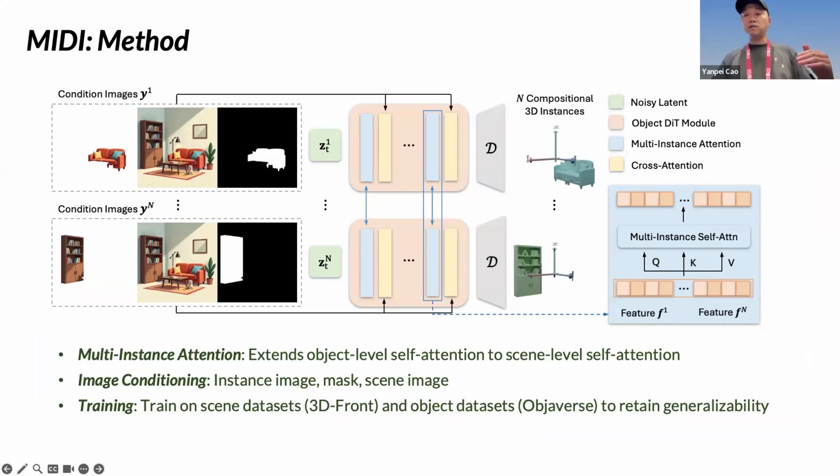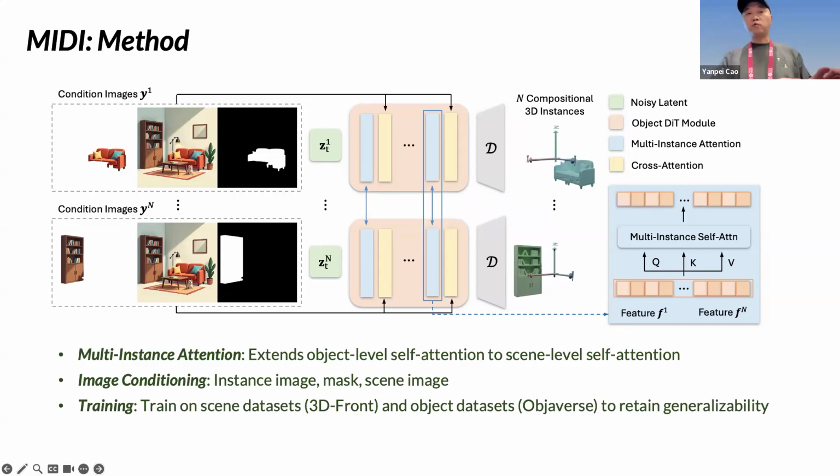This allows a simultaneous generation of multiple instances all at once, and these objects are effectively created together with inherent knowledge of the other parts' presence and position during the generation process itself.